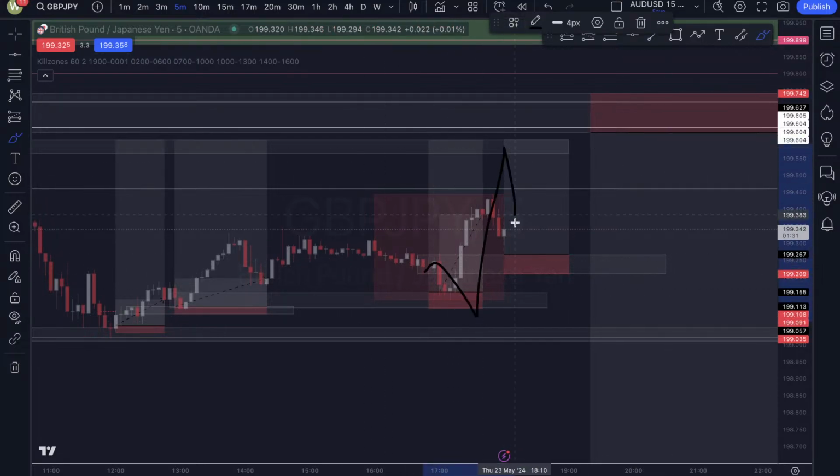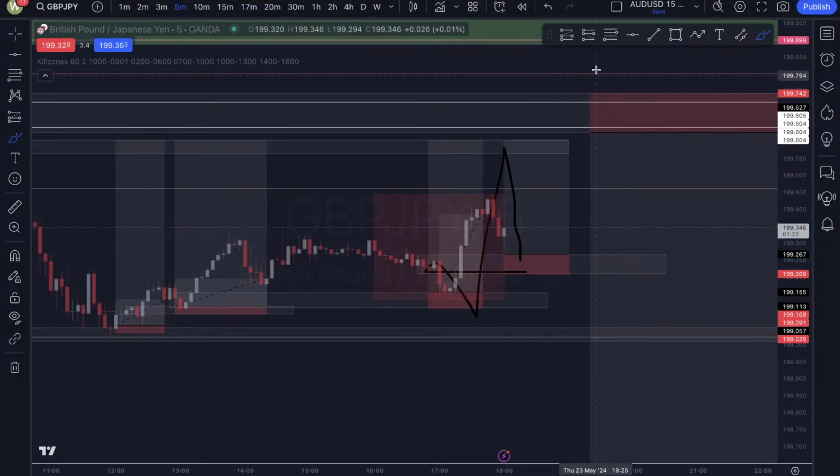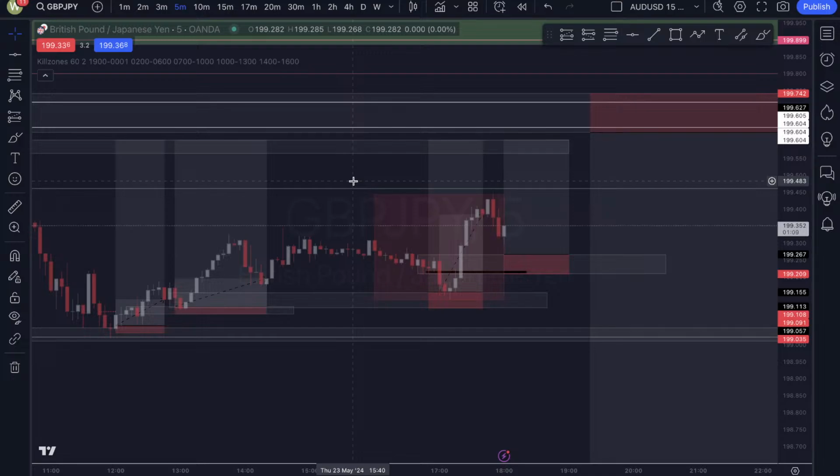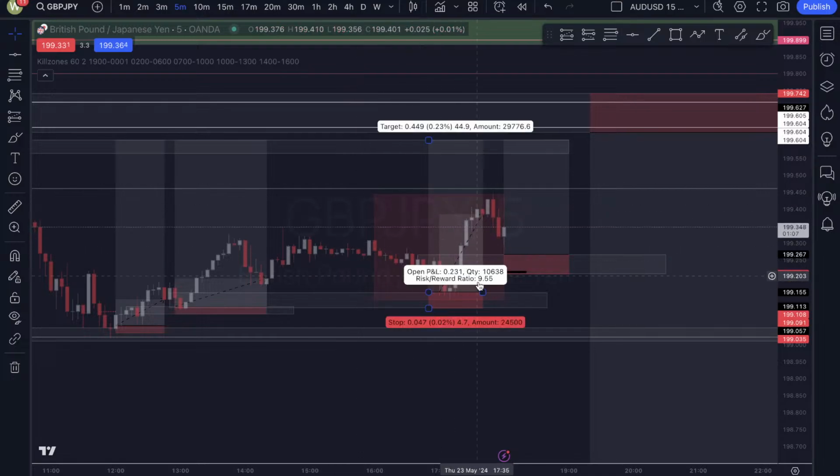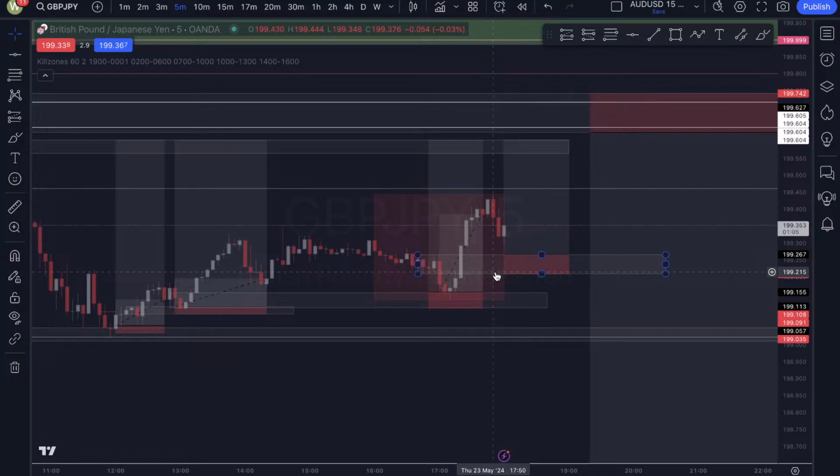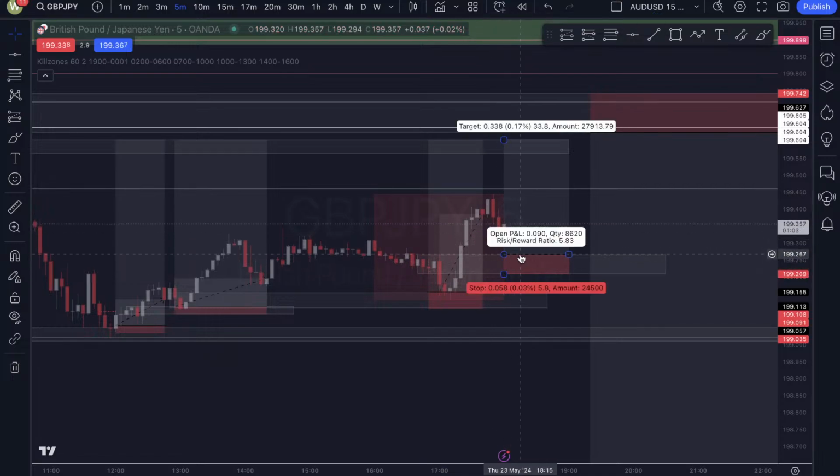Break, and then continue up. So we did get that break for Asia. So now it may go up from here, but that's completely okay.